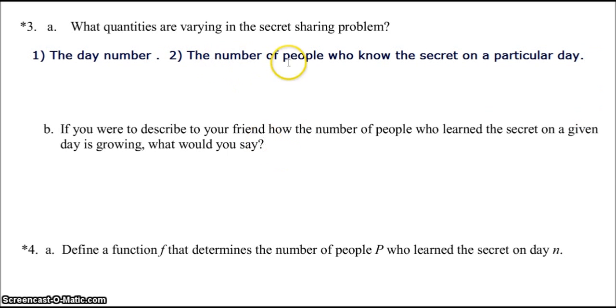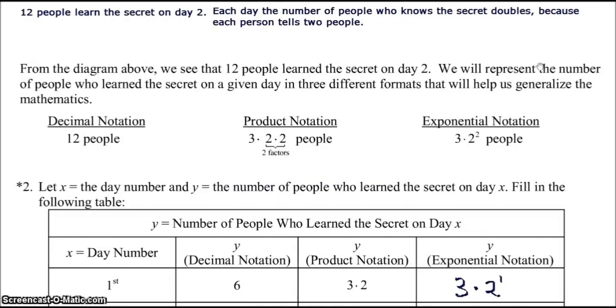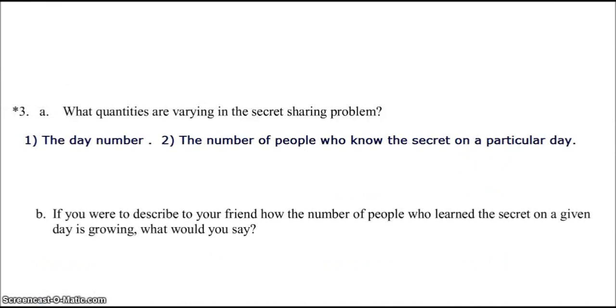It might be helpful to think about the number of people who know the secret on a particular day. We could also think about the total number of people, but like with our table here, what was really important is the number of people who learned the secret on the particular day, which we have in this column here, rather than just the total number of people. We need to be specific.